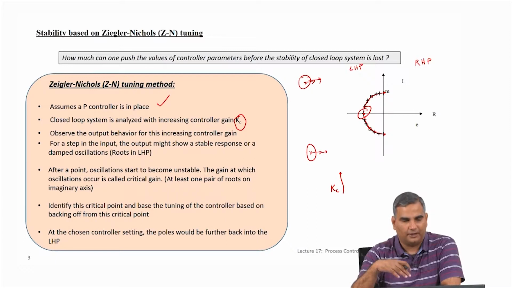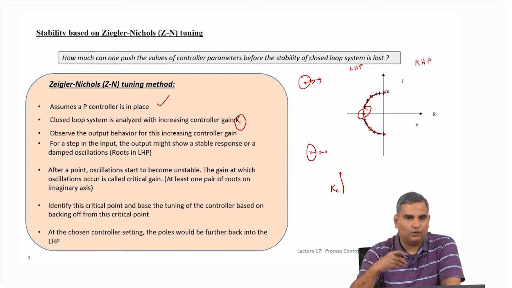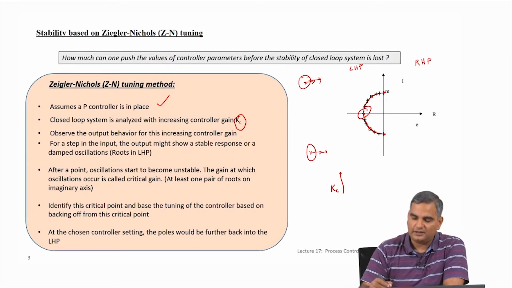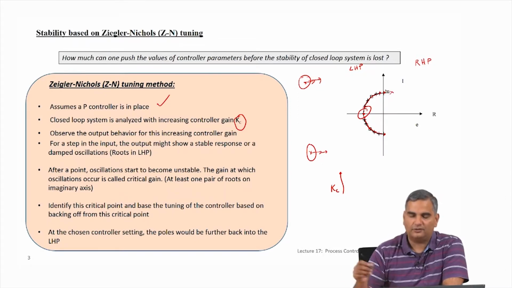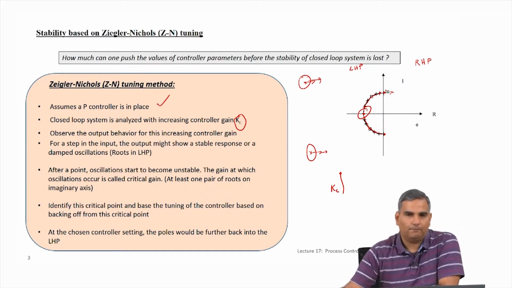So, they have to basically slip onto the right half plane, and they cannot slip onto the right half plane without going through the imaginary axis, because I am continuously increasing Kc. So, all the roots are also going to continuously change. When it is going to slip off from here to here, a continuous change will have to place the poles or the roots that are going to create problems by moving to RHP on the imaginary axis just before they move to RHP.